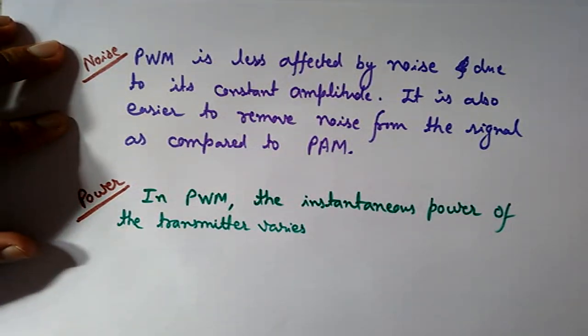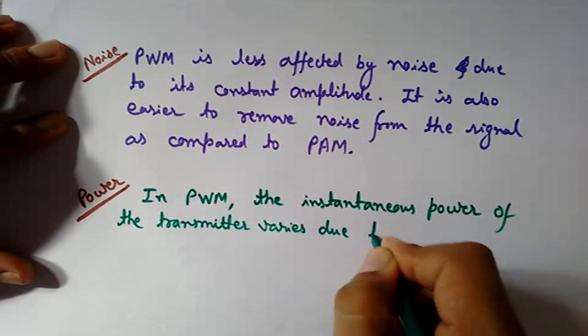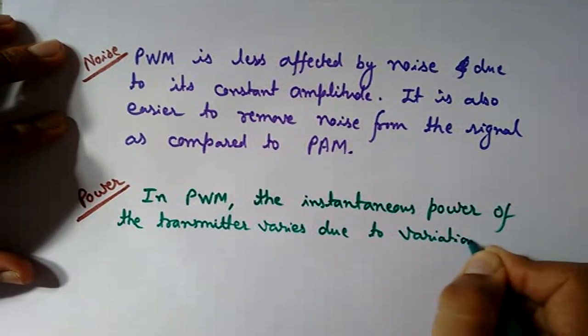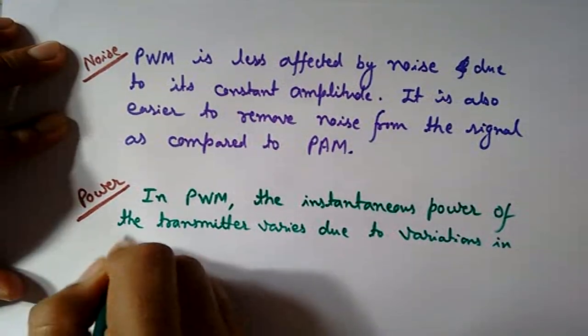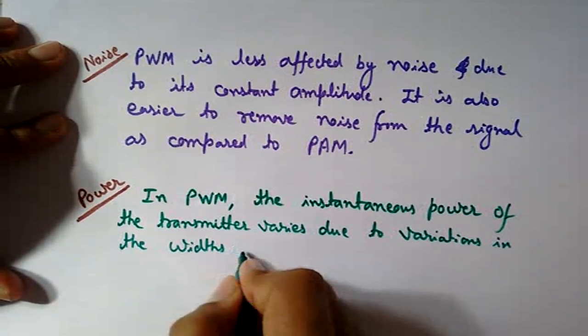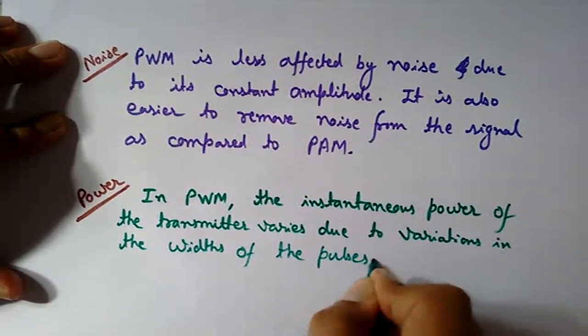Okay, sorry, this power variation is because of the change in width of the pulses due to variations in the widths of the pulses.